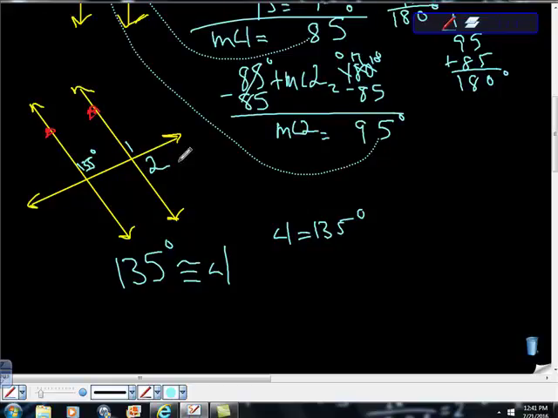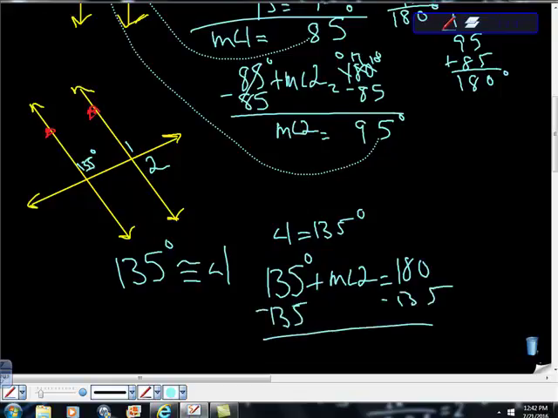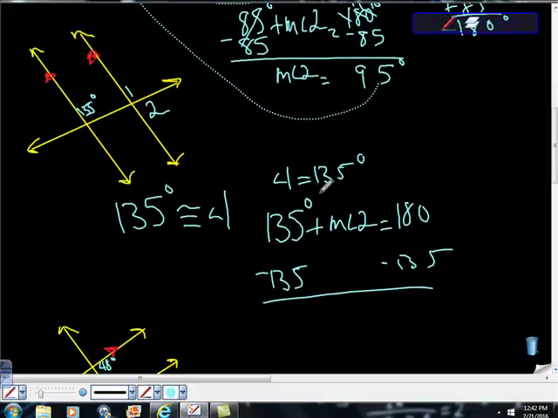So we know that angle 1 is 135 degrees plus the measure of angle 2 needs to equal 180. So we can subtract 135 from 180. That cancels out, and you get the measure of angle 2 is equal to, make this a 7, make this a 10. 10 minus 5 is 5. 7 minus 3 is 4.